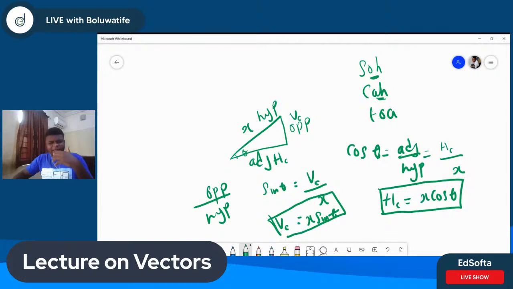And then if you cannot remember, just simply remember this triangle. Do you understand? Remember that it makes an angle here with the horizontal component, and then bring in your trigonometry. Opposite over hypotenuse, adjacent over hypotenuse, and then do your multiplication, and then you have your answer.